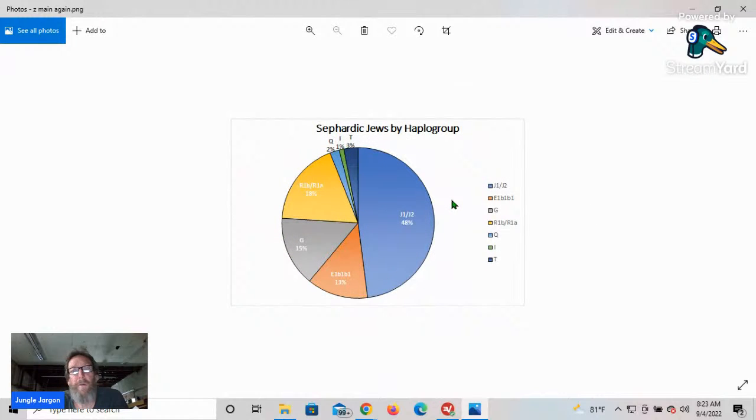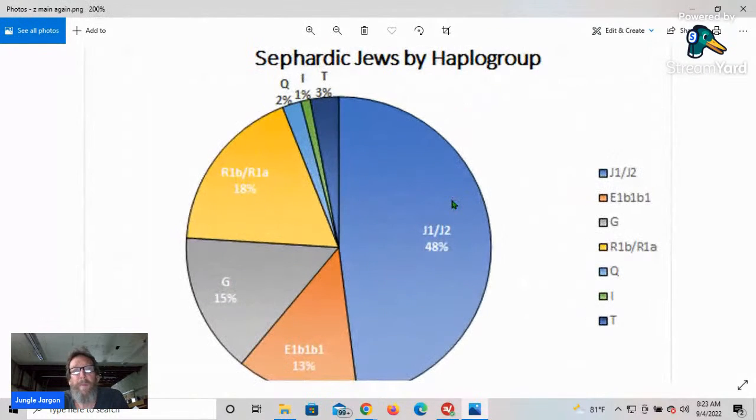Okay, here's another example of the Sephardic Jews. And here it shows, again, 3% of the Judaic population with the Javan Sea people, because of the relationship between Israel and the Phoenicians, which consisted largely of the T paternal Y haplogroup.